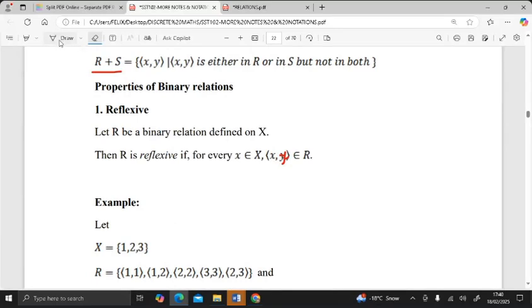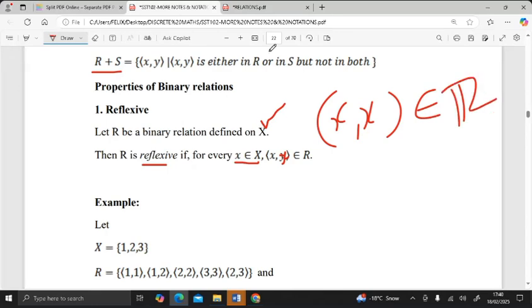There is a difference between asymmetric and antisymmetric. So the same case here: when we're talking about reflexive, a relation is said to be reflexive if for every member of X, it is important that we talk about this here. Let me take you back. Seeing is believing. Look at this here.